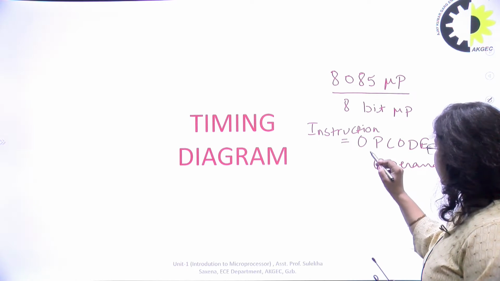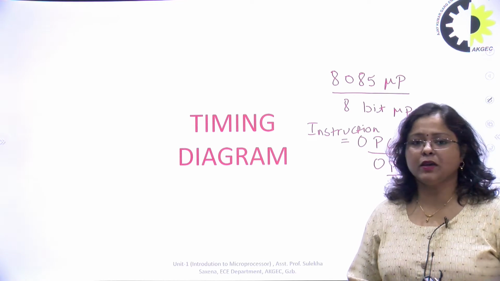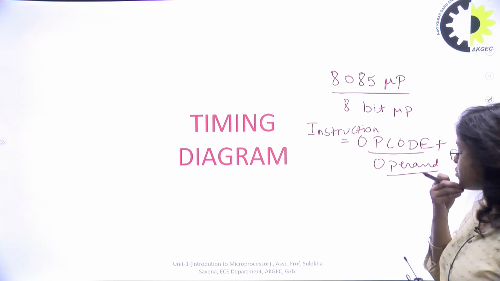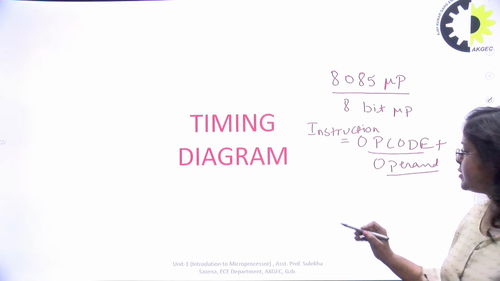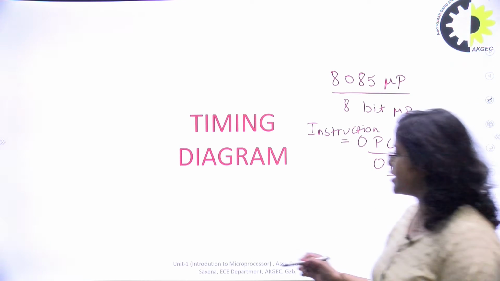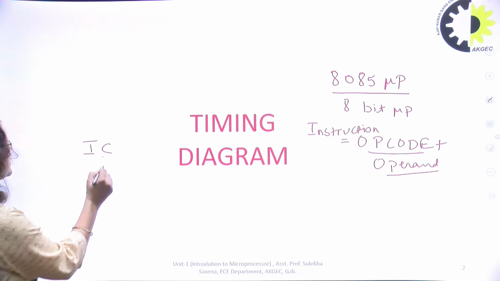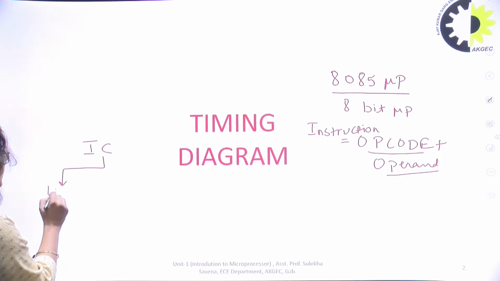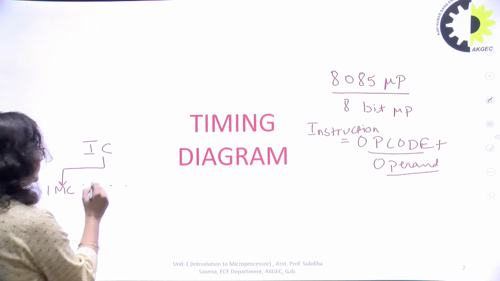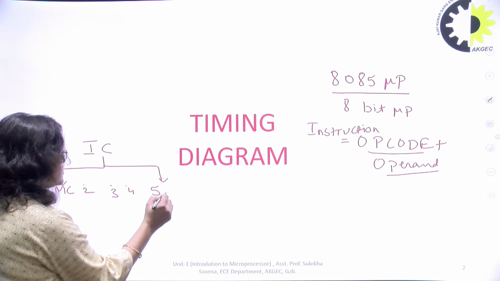An instruction consists of two parts, opcode and operand, and the way a microprocessor fetches opcode or operand is divided into various machine cycles. So, an instruction cycle consists of various machine cycles, which can be minimum one machine cycle to maximum 5 machine cycles.